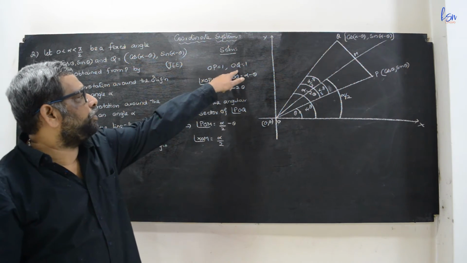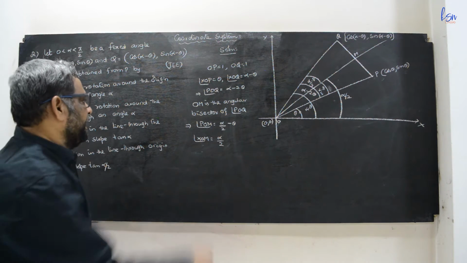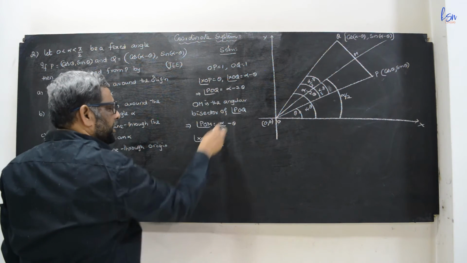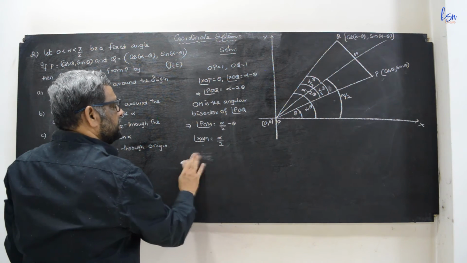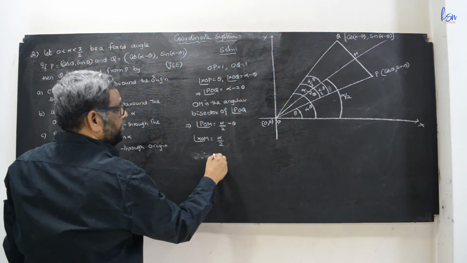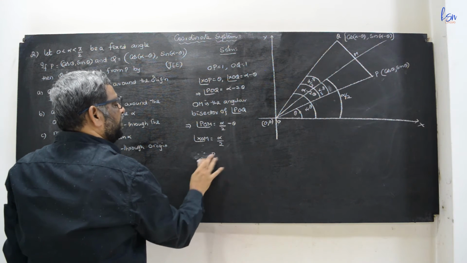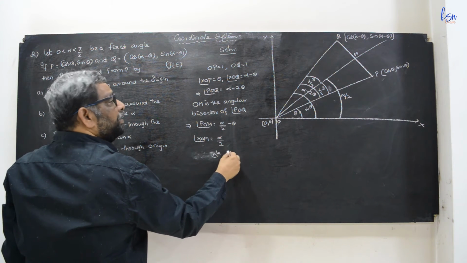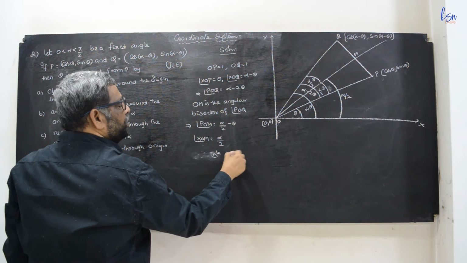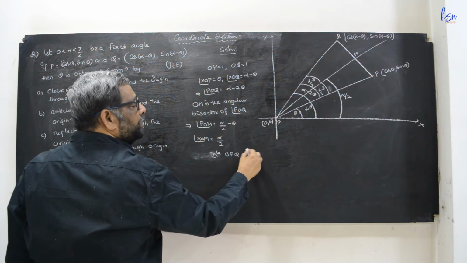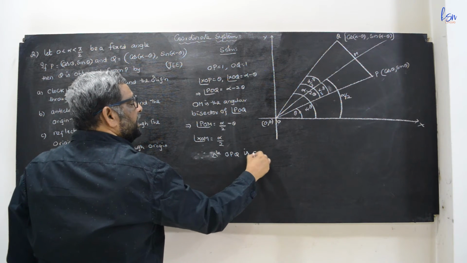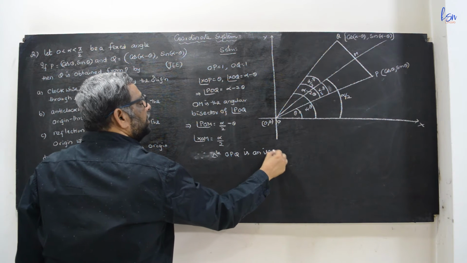Now OP and OQ being equal, triangle OPQ is an isosceles triangle.